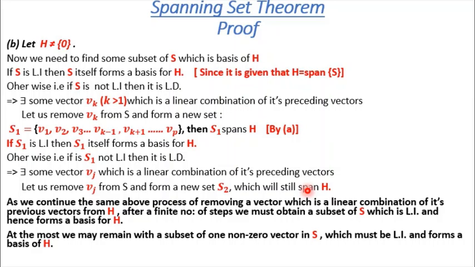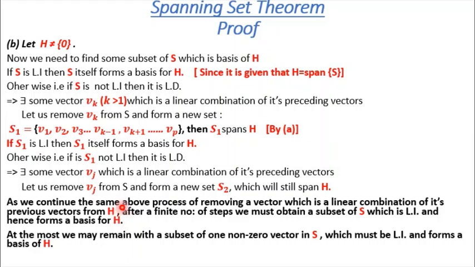But still, after removing, all these sets are spanning H. That is what we proved in A. So we continue the same procedure, removing a vector which is a linear combination of its preceding or previous vectors.